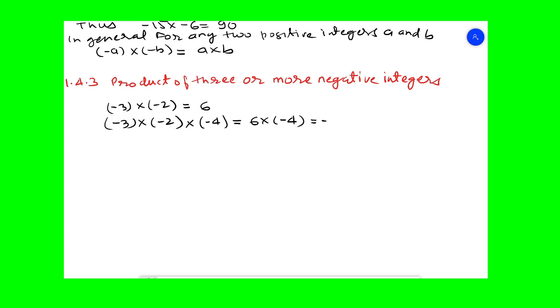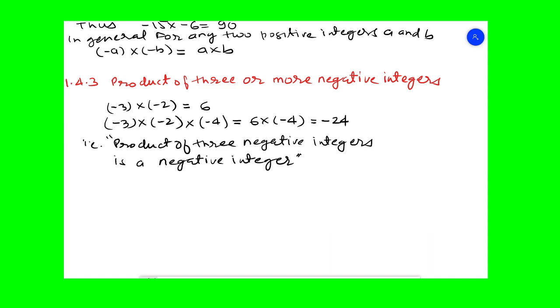So this becomes minus 24. So what we conclude? The product of three negative integers is a negative integer.